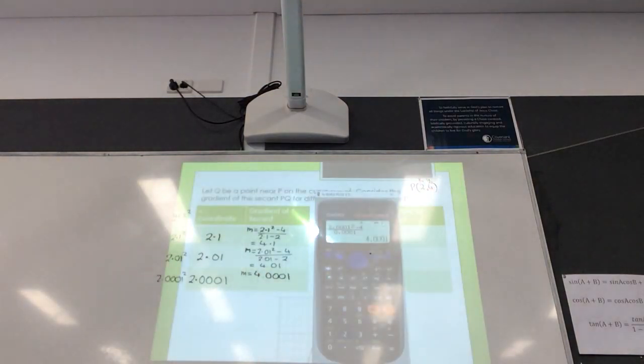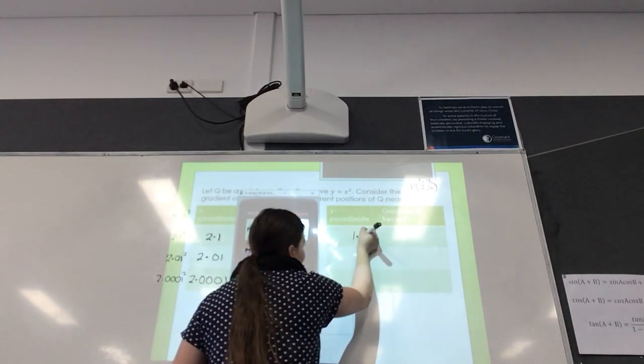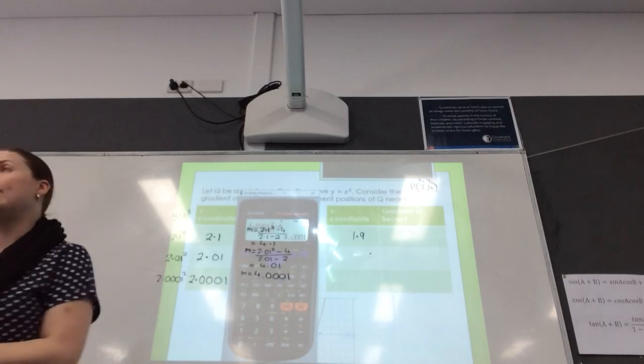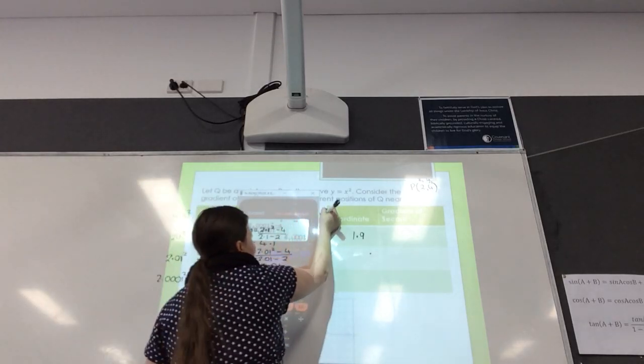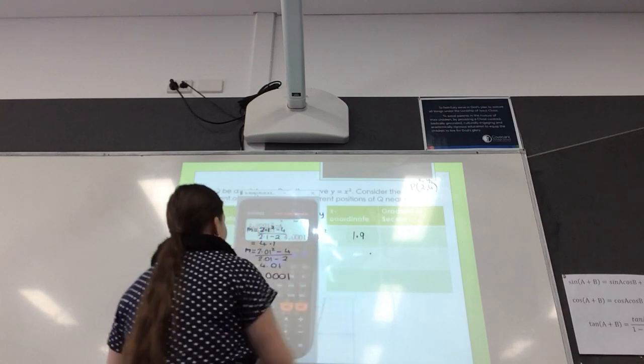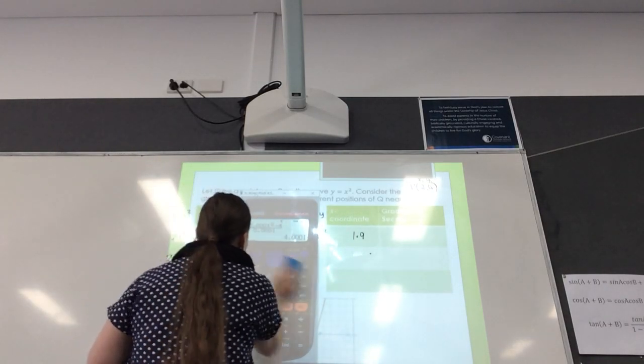But instead of going for just a bit more than 2, we're going to go for a bit less than 2. So I'm going to go for 1.9 as my x value. And so that means my y value is going to be 1.9 squared. I don't really want to rub that off, but I will.